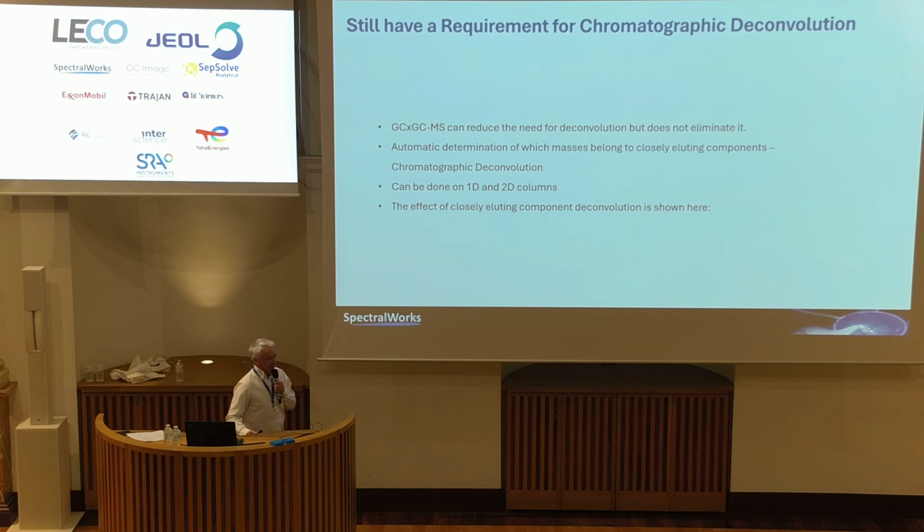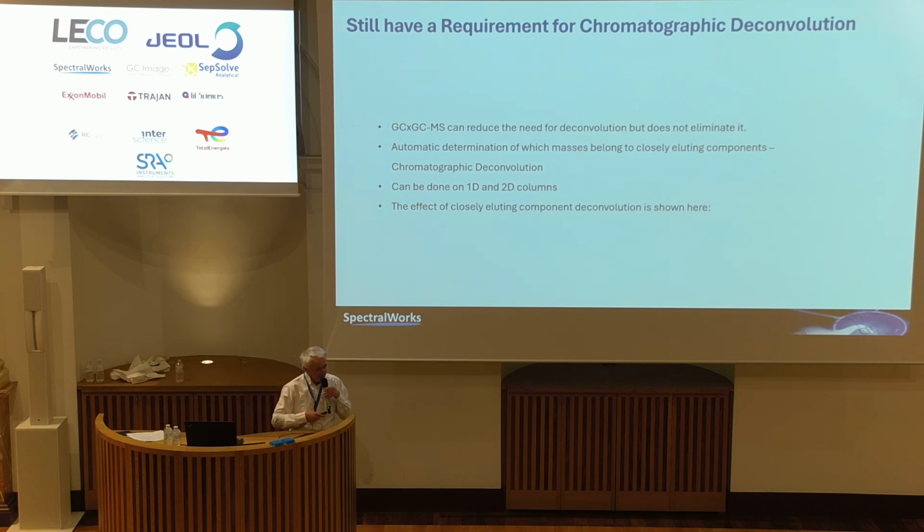Now, we do chromatographic deconvolution based on one-dimensional GC. And the idea is that we try and separate based on the MS information that we get. So we're doing chromatographic deconvolution based on peak start, peak end, peak apex, peak shape on the different ions that we see. You still require this in 2D GC.